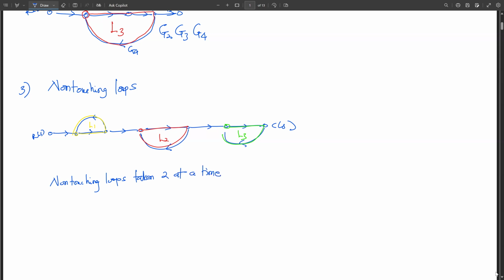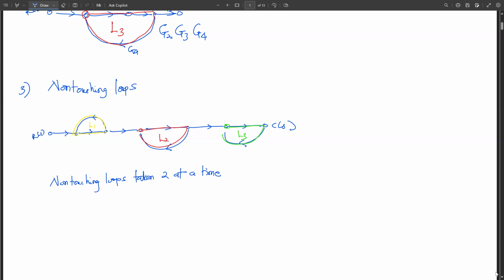Then L1 and L2 aren't touching, so they qualify to be non-touching loops, taking two at a time. Likewise, L1 and L3 are not touching. Those two also qualify to be non-touching loops, taking two at a time.